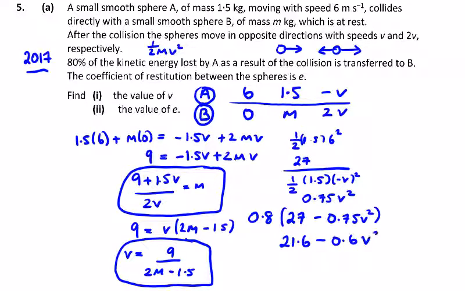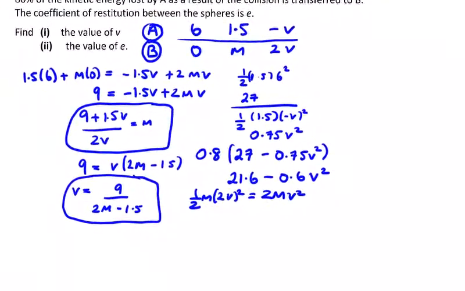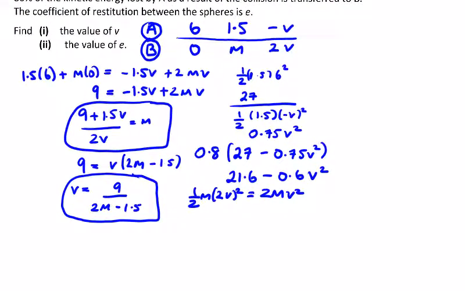That is the kinetic energy that B now has, so half mv squared, which is half m times (2v) squared, has to be equal to this. So that will be 2mv squared. We have m and we have v, so I think it'd be easier just to replace m here because we have v, we'd have to square it.